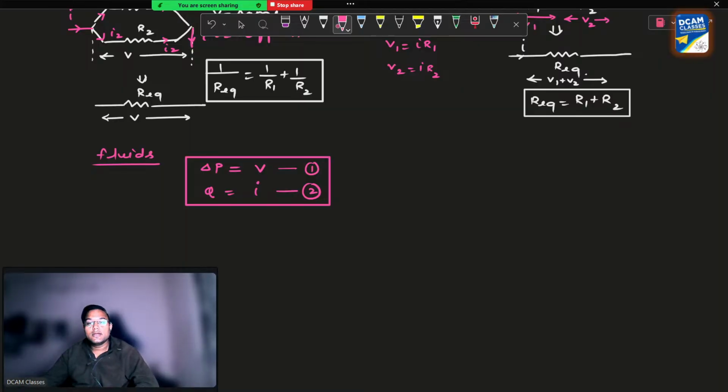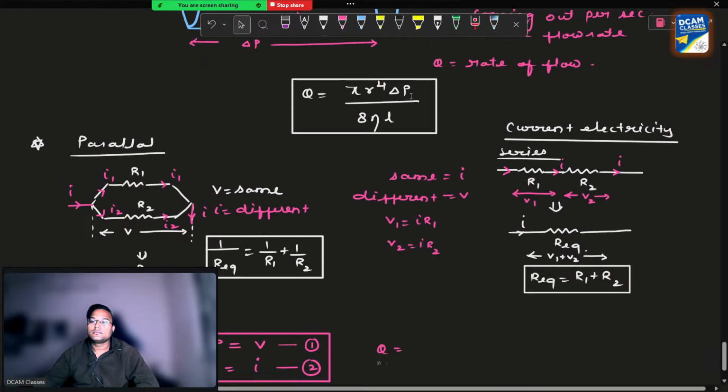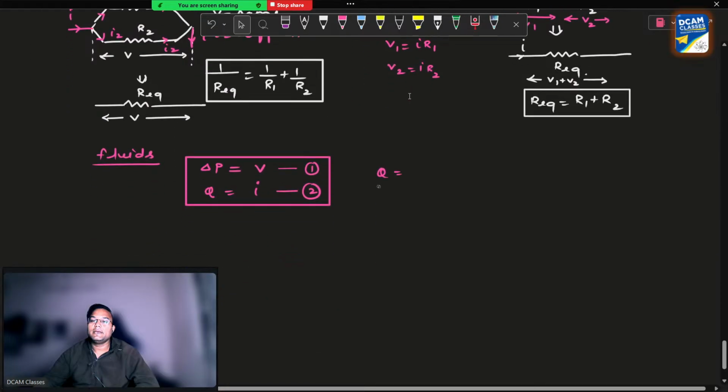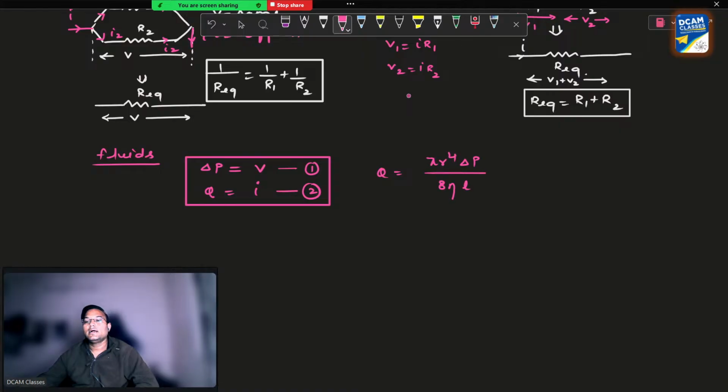Now since Q is equal to pi r power 4 delta P by 8 eta L, I can write this as delta P divided by 8 eta L by pi r power 4.